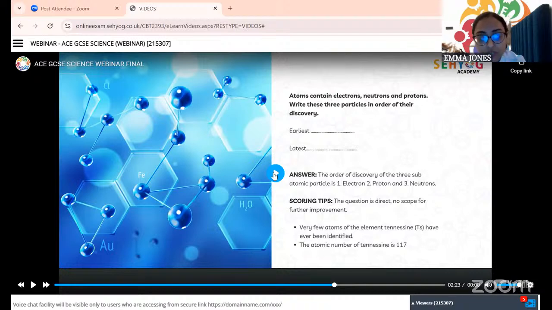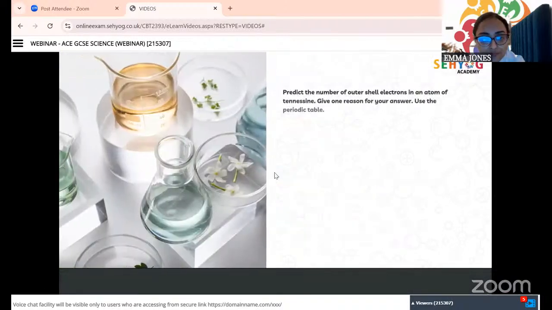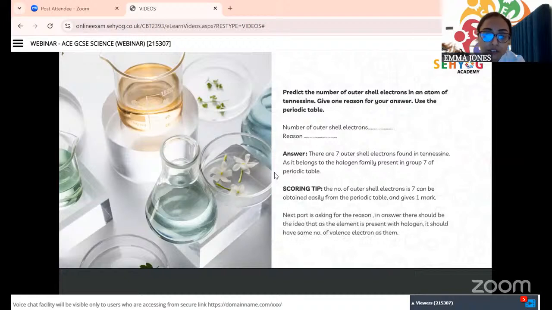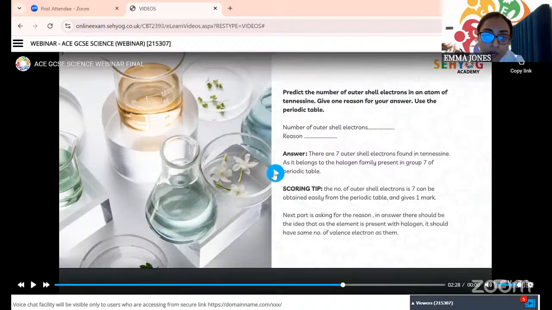Now the next question is on a new element, tennessine, which has the atomic number 117. Next slide, please. The question asked here is: predict the number of outer shell electrons in an atom of tennessine. Give one reason for your answer, using the periodic table.